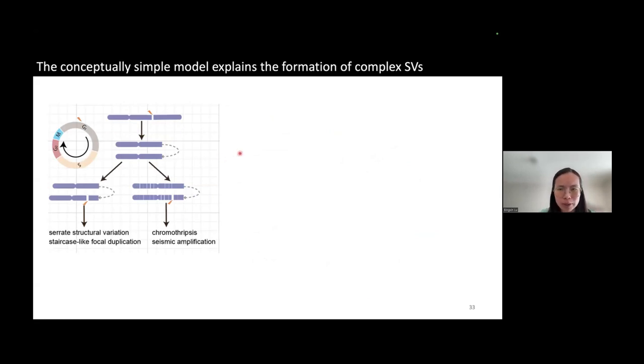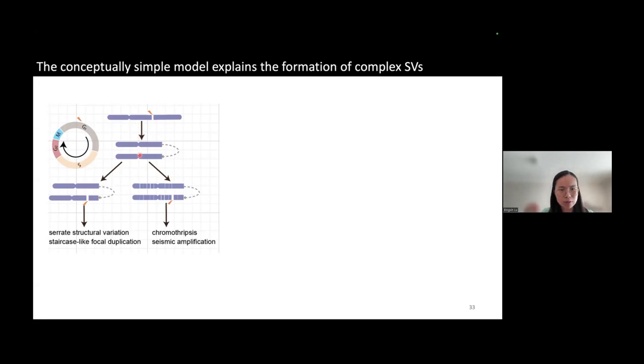Using our model, we can explain the formation of complex SVs. For example, here, we introduce one double-strand break on this chromosome, and during genome replication, these two chromosomes are fused because they lack telomeres, and in this case, they will have two centromeres.